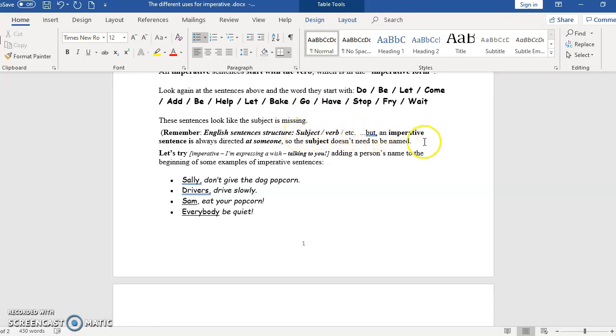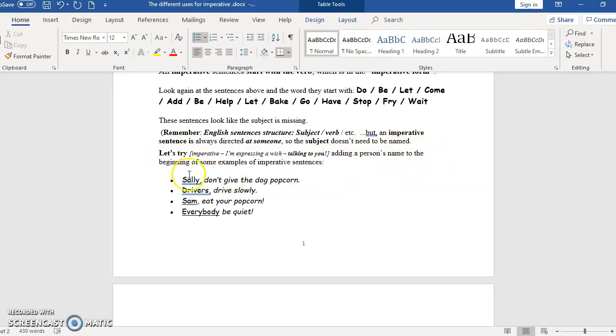But an imperative sentence is always directed at a person. It's directed at someone. So the subject doesn't need to be named. I say to you, let's try. Here the imperative. I'm expressing a wish. I am talking to you.